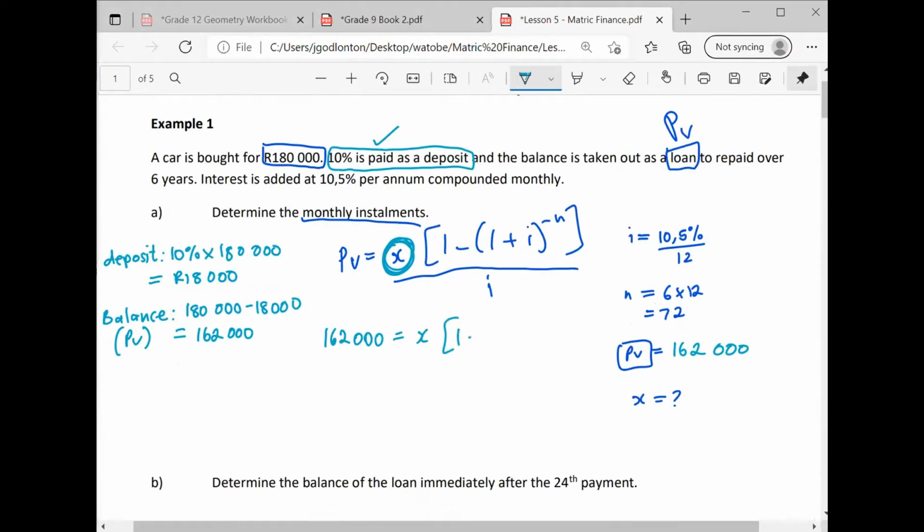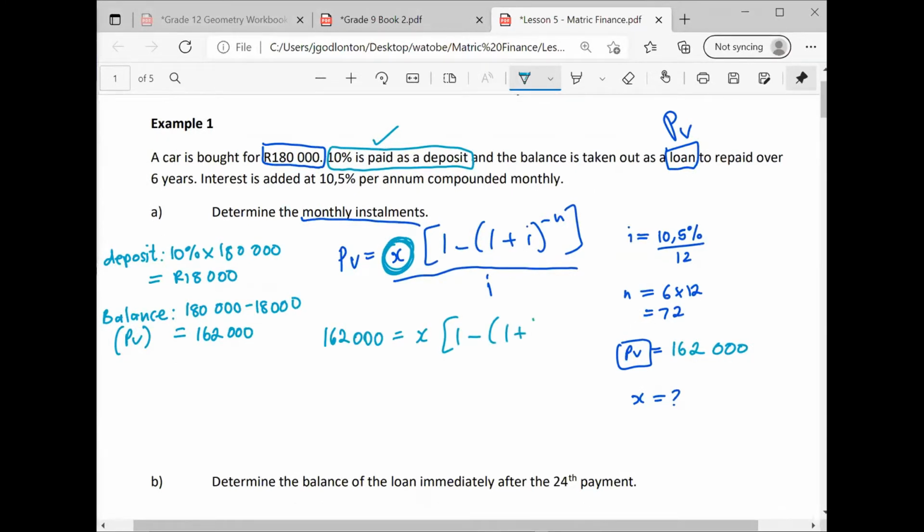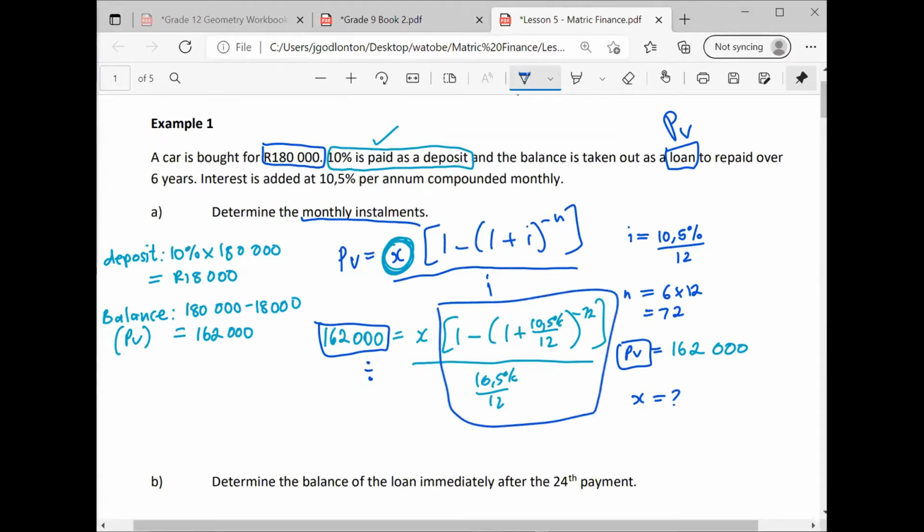Then we're going to have 1 minus 1 plus our interest rate, compounded monthly, to the power of negative 72, all over our interest rate over 12. And basically, when we're looking for X in this situation, we're going to put 162 into our calculator, and then we're going to say divided by, and we're going to put this whole fraction. And then that helps us find X.